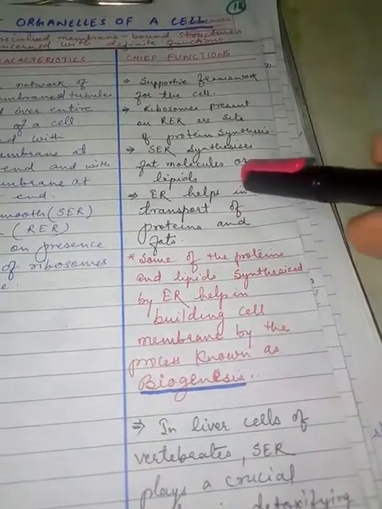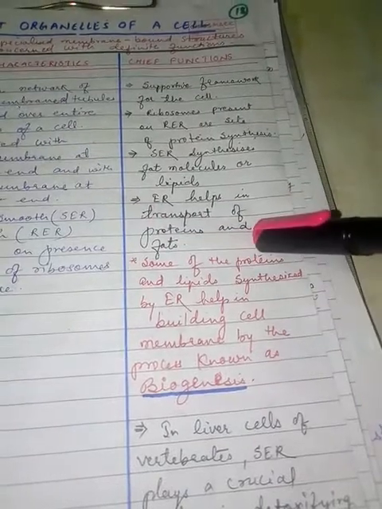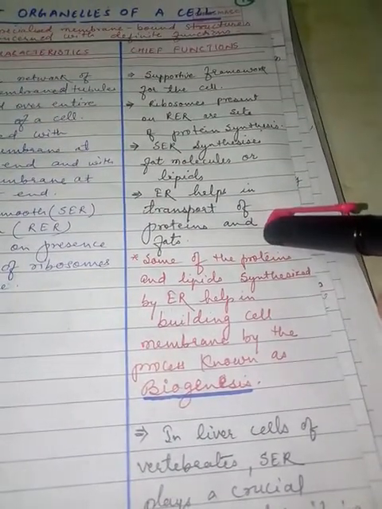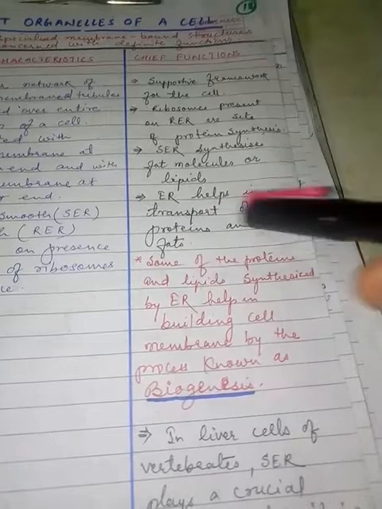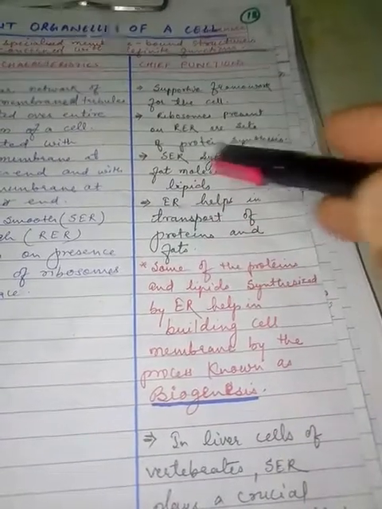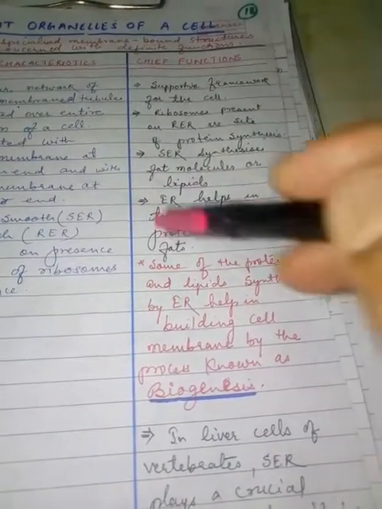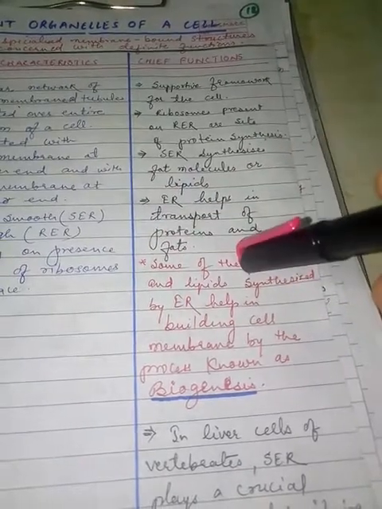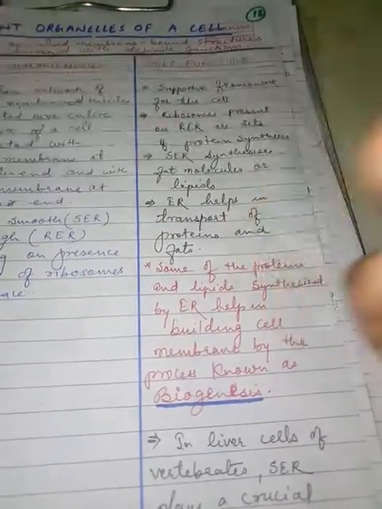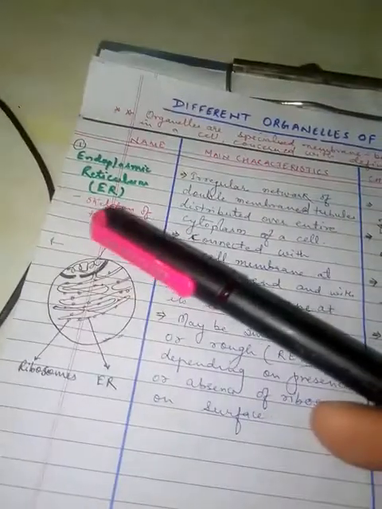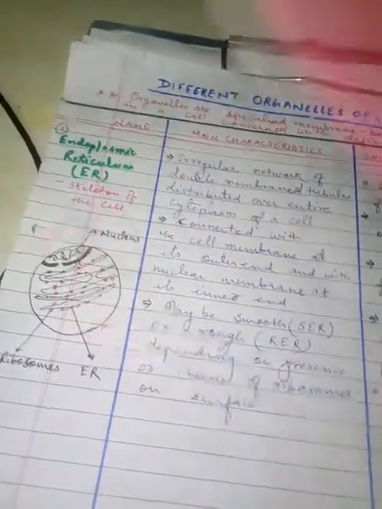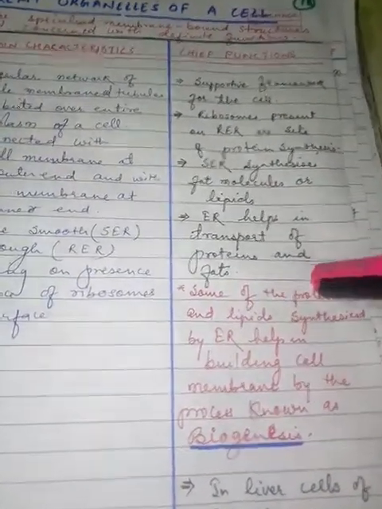Endoplasmic reticulum serves as a transport system of protein and fats, because it remains distributed over a very large portion of cytoplasm, remains connected with the nuclear membrane at one end and with the plasma membrane at the other end. So it provides a passage for transport of materials inside the cell.